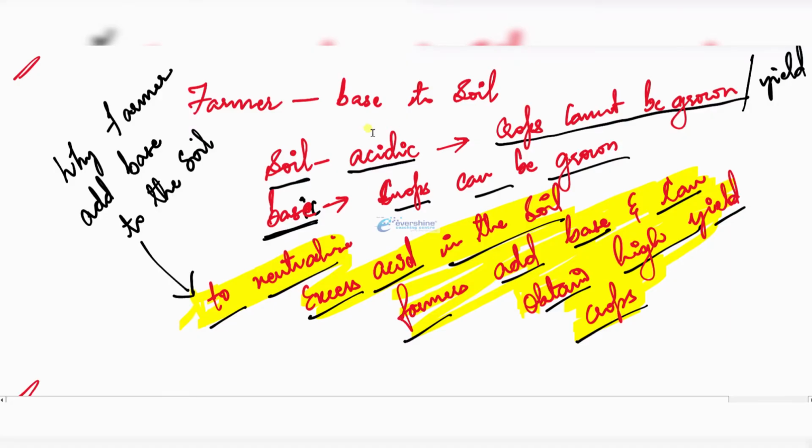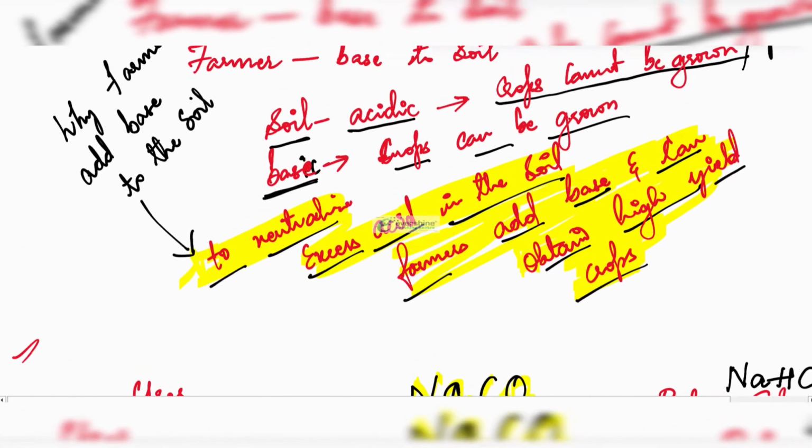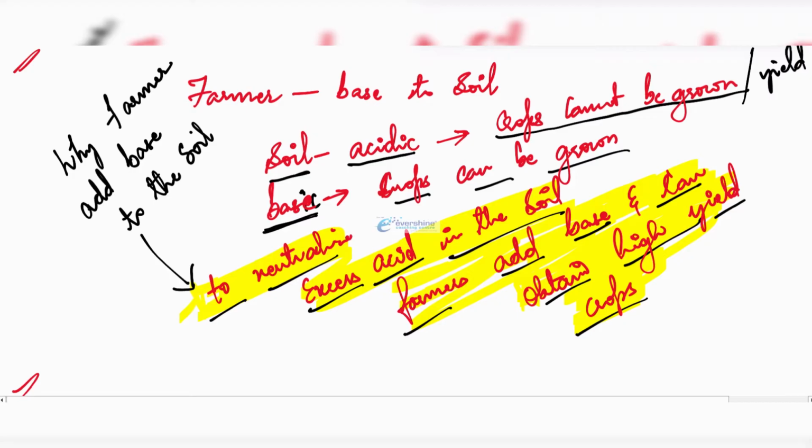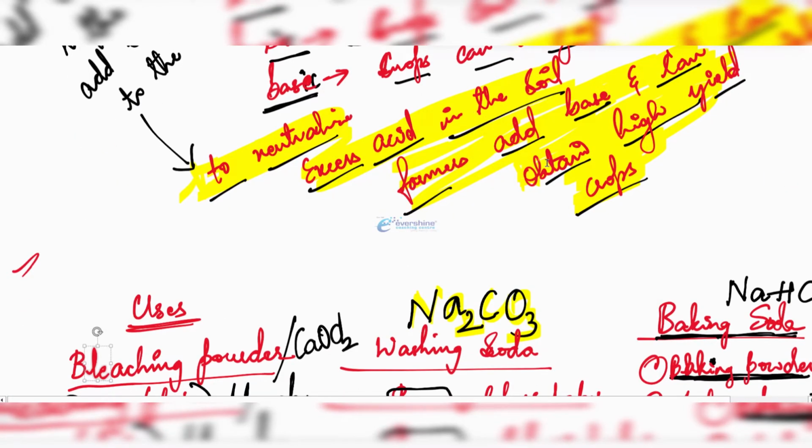Why does a farmer use base on the soil in his agricultural field? Can you tell me the answer for this? Why is the farmer using the base in his agricultural field? Very simple. He is adding the base in the agricultural field.